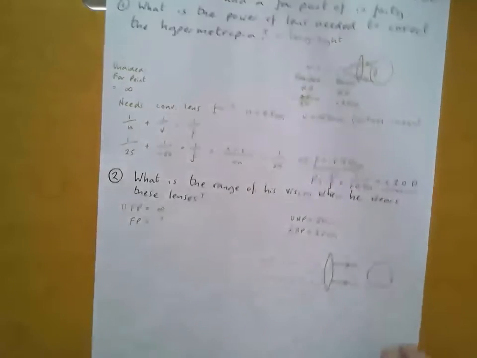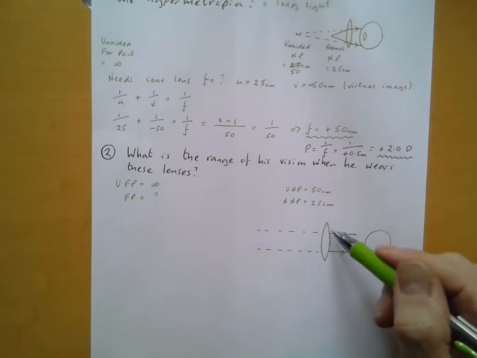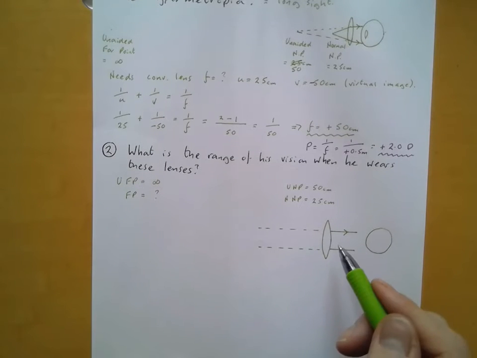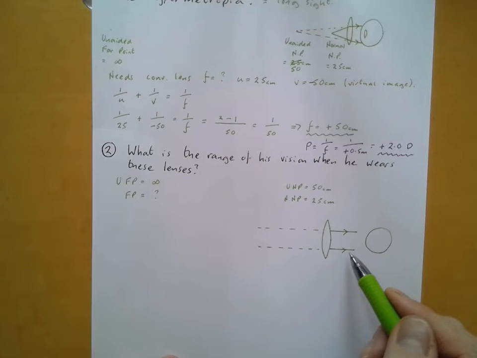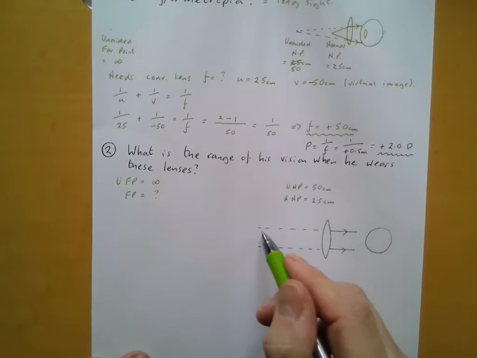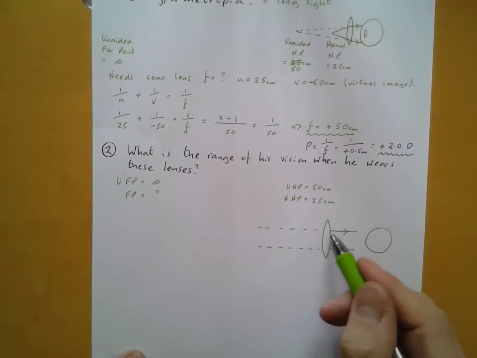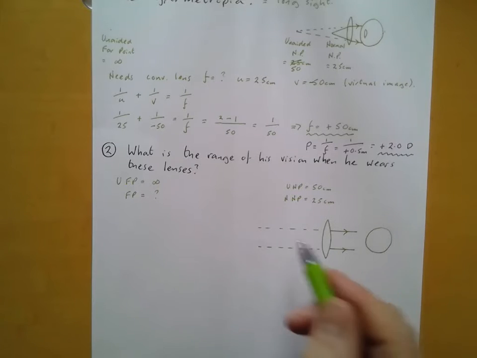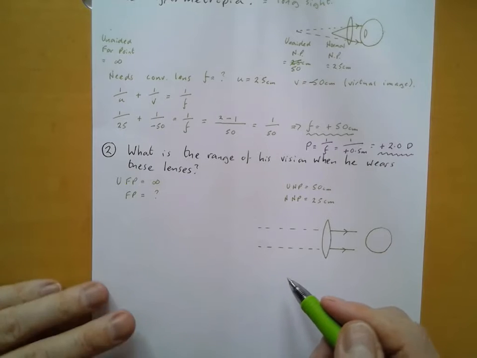Now, that means that the correcting lens has got to produce parallel rays. Okay? In other words, it has to produce an image which is at infinity. The rays coming out of the lens must be parallel, therefore they must be coming from an image at infinity.